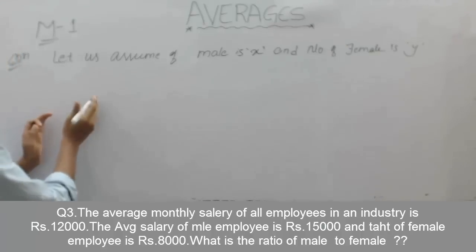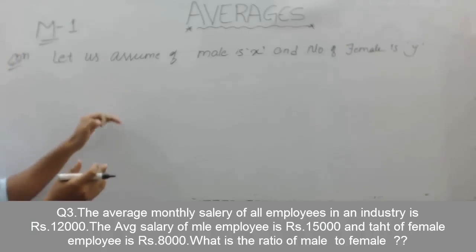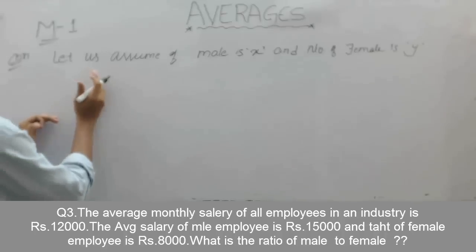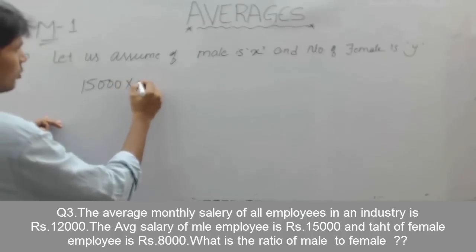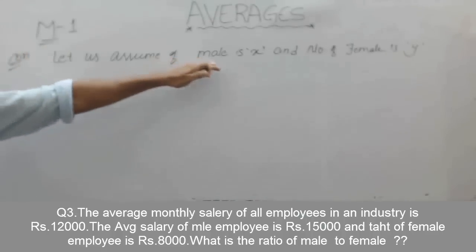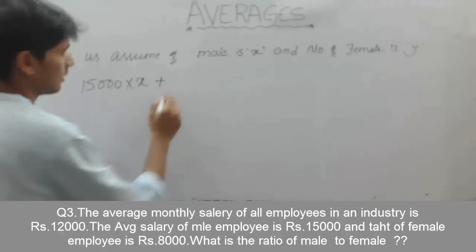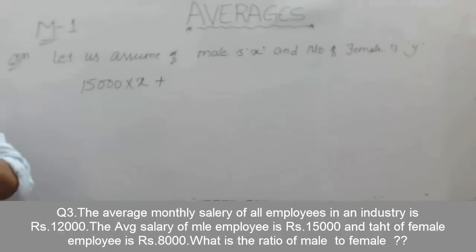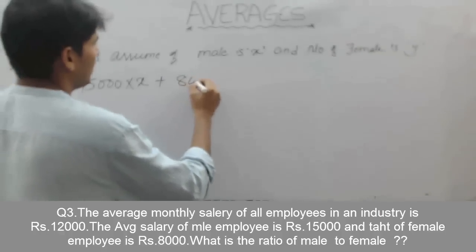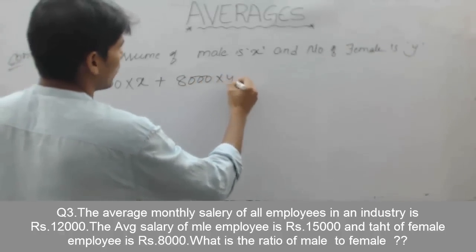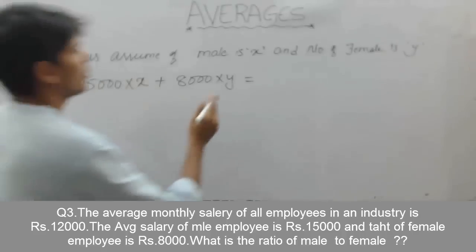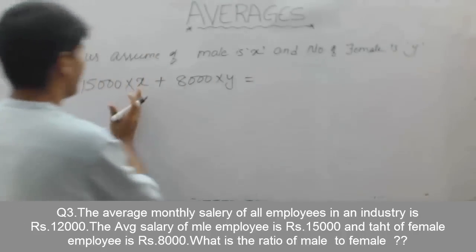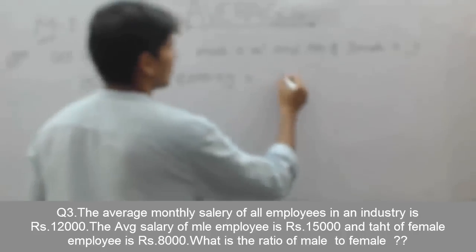According to our formula, total sum divided by number of employees. That means 15,000 into the total number of male employees plus 8,000 into Y is equal to, and what would be the average of all the employees?